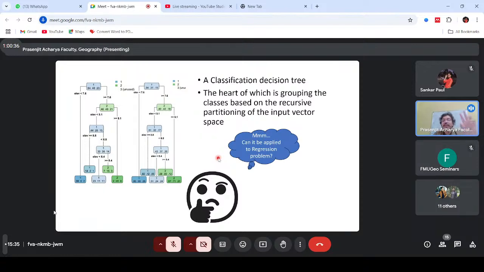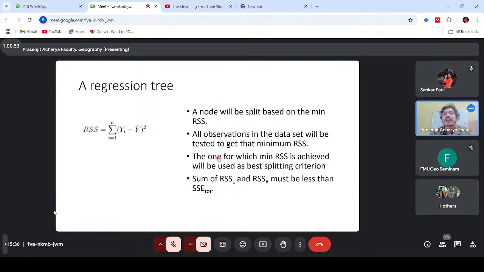So now that we have a classification problem, can the same be applied to the regression problem? I'm not dealing with the classification problem, but I am more interested in a continuous variable regression problem, right? So the answer is yes, we can do that.